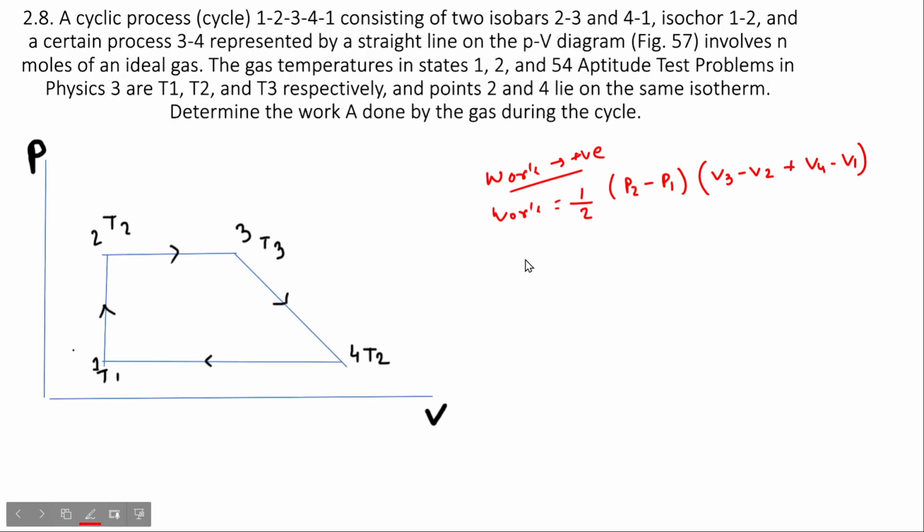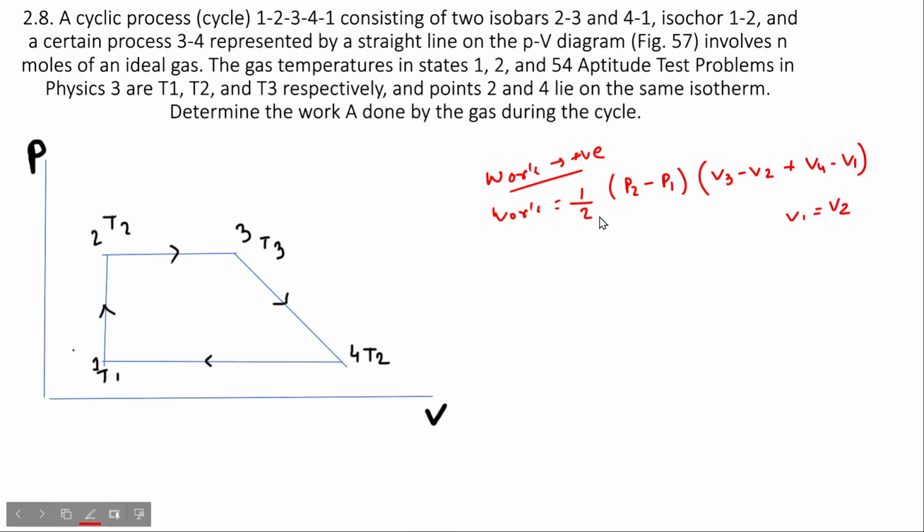Okay, now what we have to notice is this is an isochoric process. This volume is constant, so V1 has to be equal to V2.